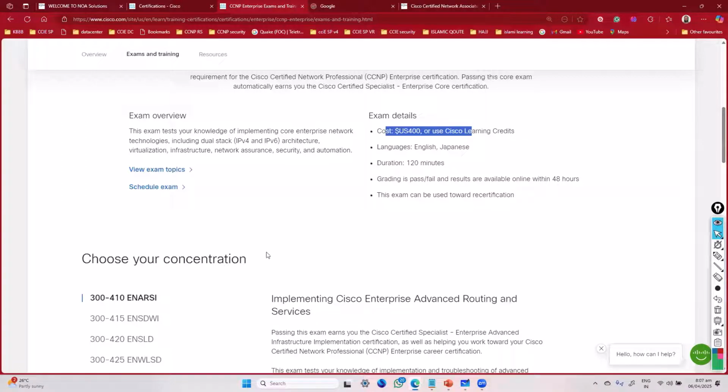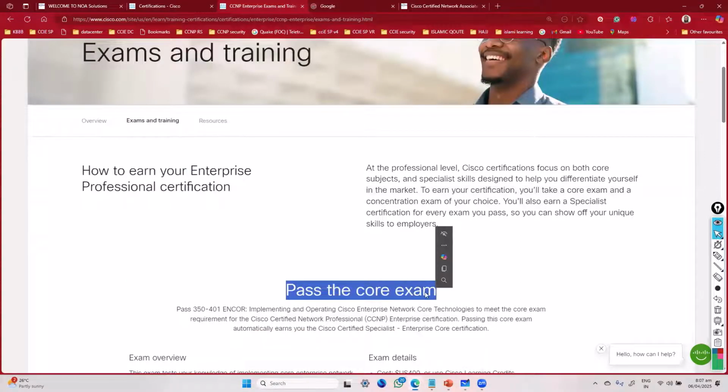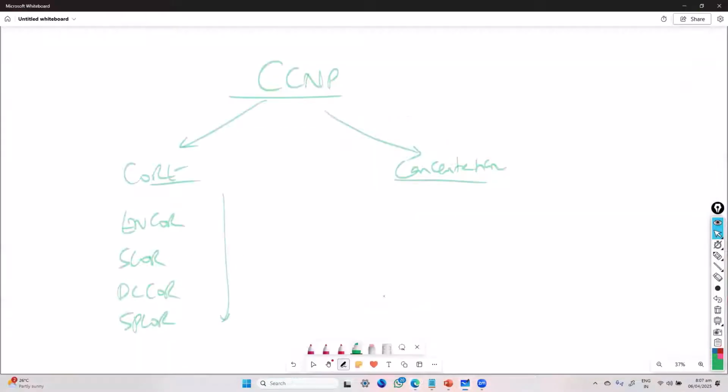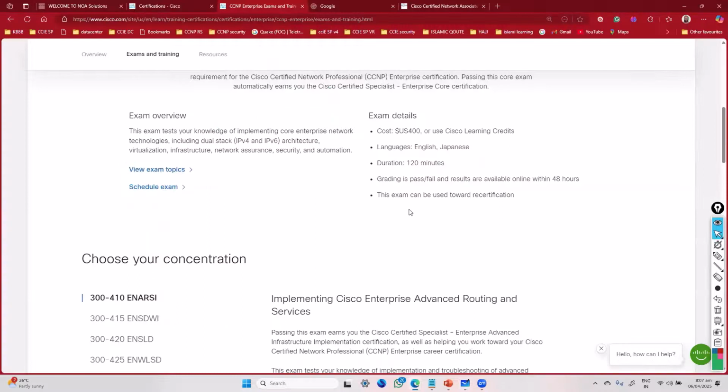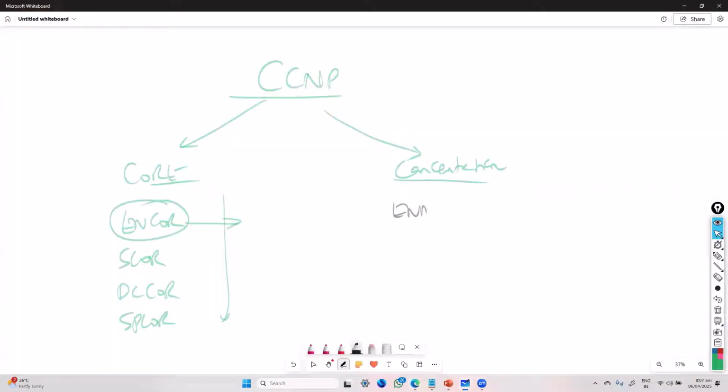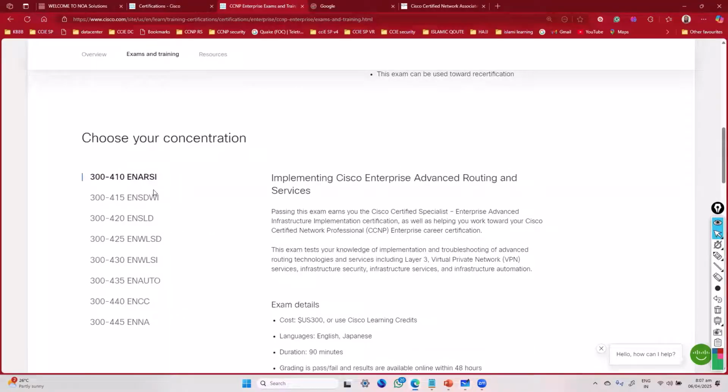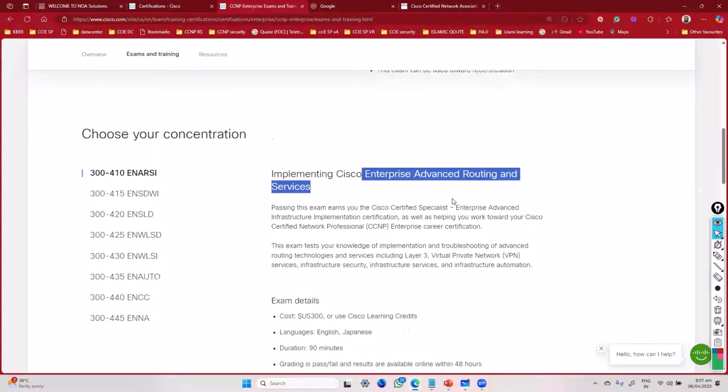Additionally, you will have the concentration exam. So you have to pass the core exam, like in our case if you are doing enterprise, and likewise you have multiple concentration exams like ENARSI, which is the enterprise advanced routing that we'll be covering.